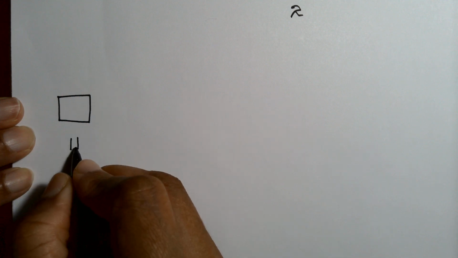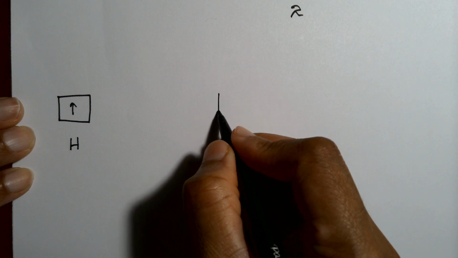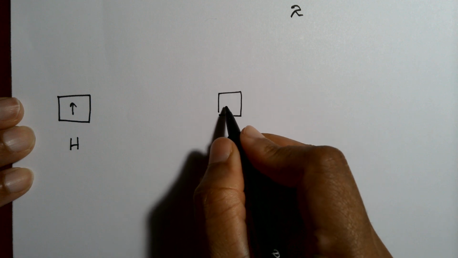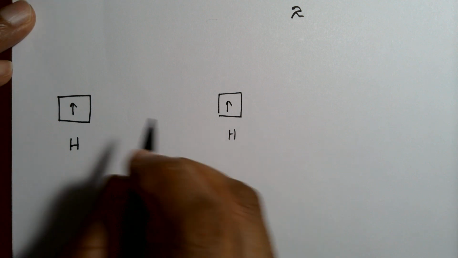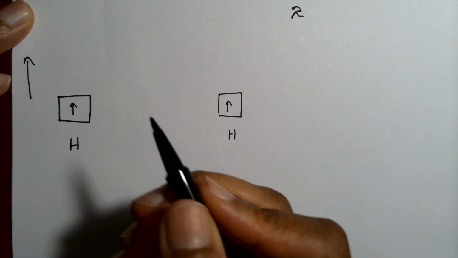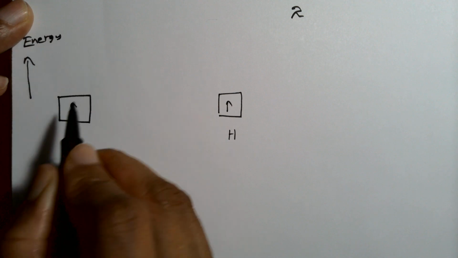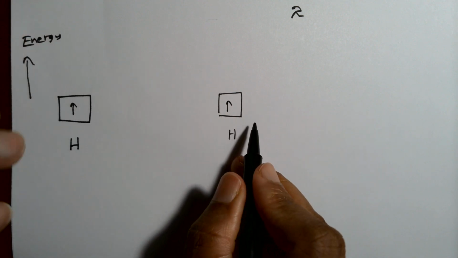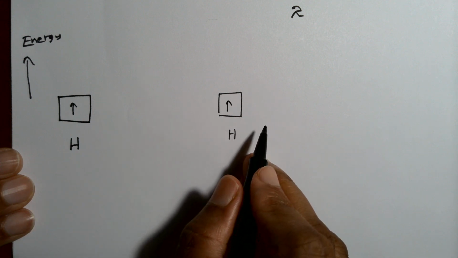So let's draw one hydrogen 1s1 electron and another hydrogen 1s1 electron. These are atomic orbitals. We normally draw the y-axis as energy. Initially we have two hydrogen atoms' atomic orbitals, and these two atomic orbitals overlap to make molecular orbitals.